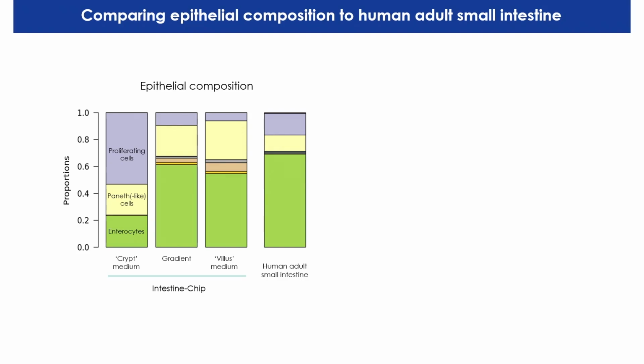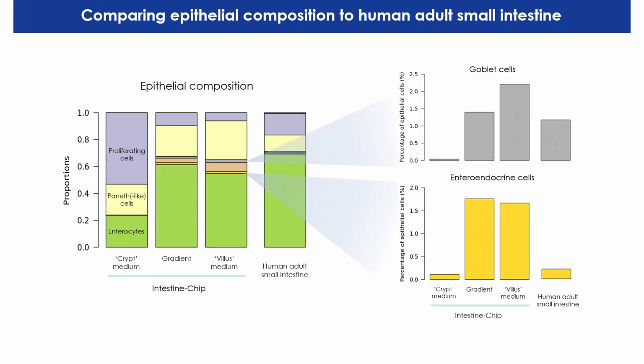And this now resembles roughly the composition of the human small intestine, except that we still see quite a lot more Paneth cells in our system compared to the human intestine. And here I show the plots for the goblet cells and the enteroendocrine cells, so you can see this induction that we've also seen in the microscopy data, and it's now to a similar level or even to a higher level as we see in the human adult small intestine.